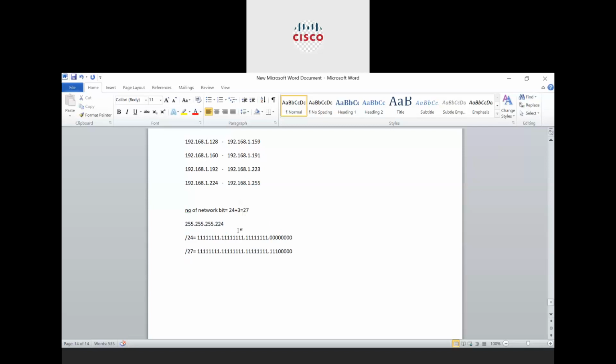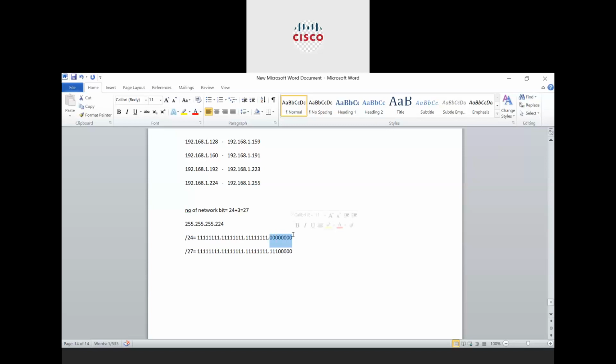Remember, what is the difference made by increasing 3 network bits? In the previous network, a default class C network, I have 8 host bits. So whenever we want to match two IP addresses, only the first 24 bits are going to be matched, because the remaining 8 bits belong to the host, and host bits never match.